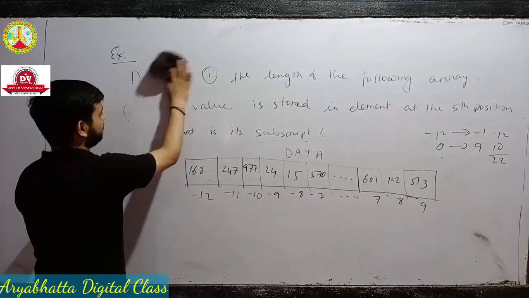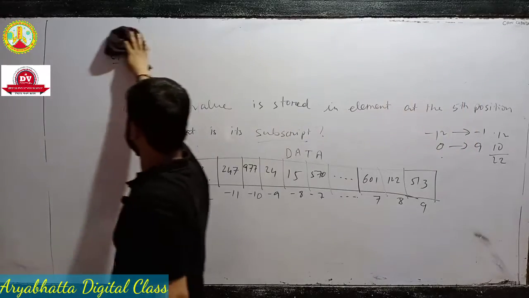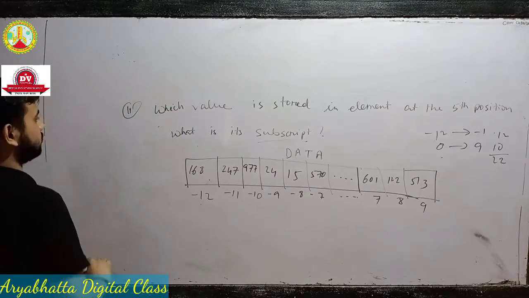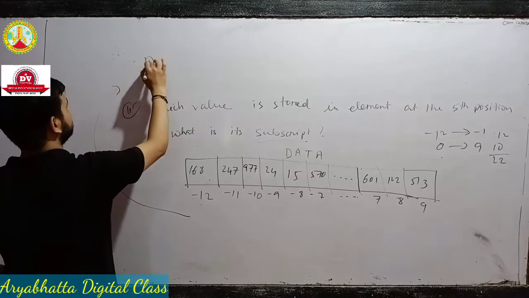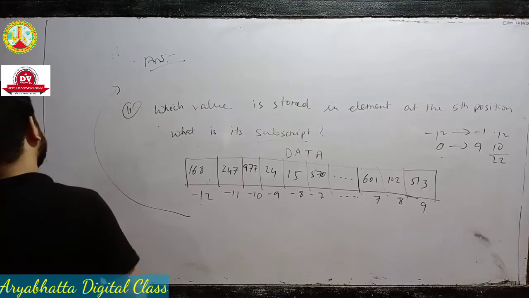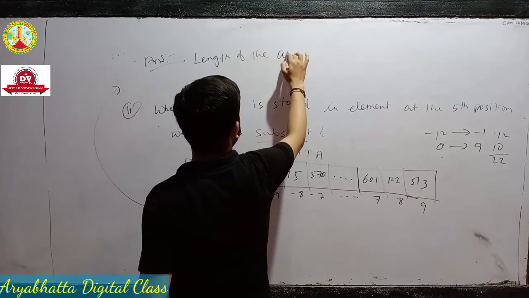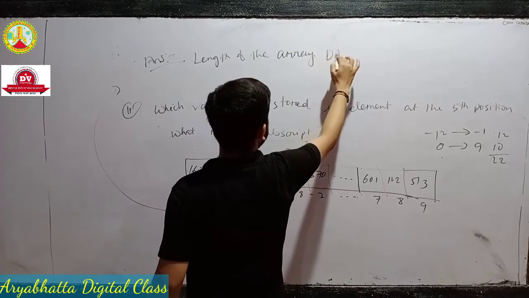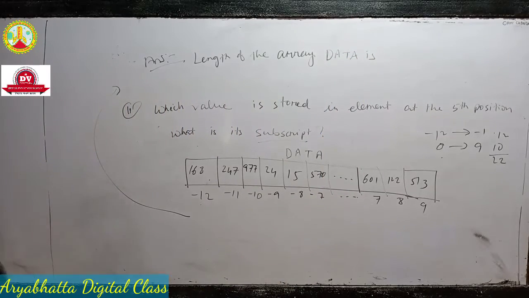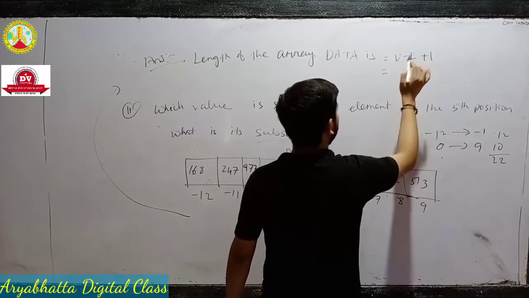I erase this first question part. Now the formula: the length of the array data is upper bound minus lower bound plus 1, U minus L plus 1.